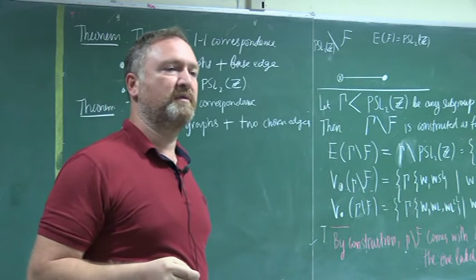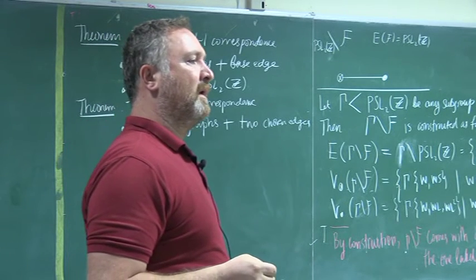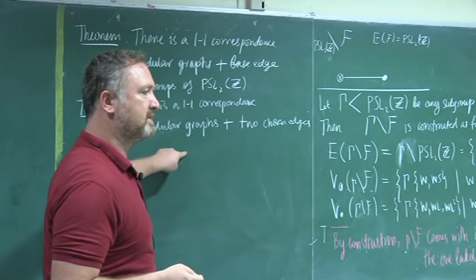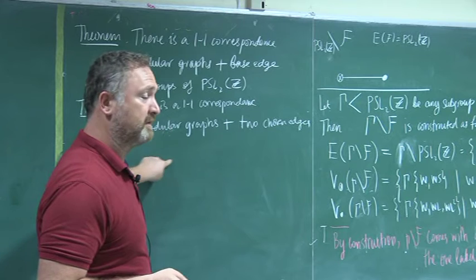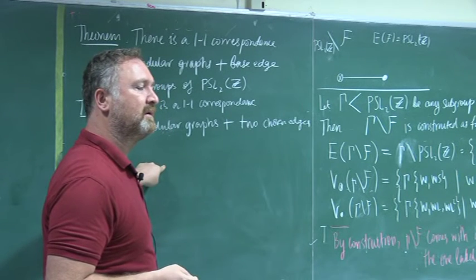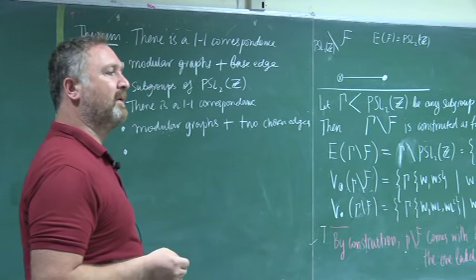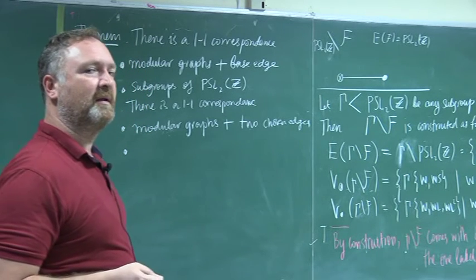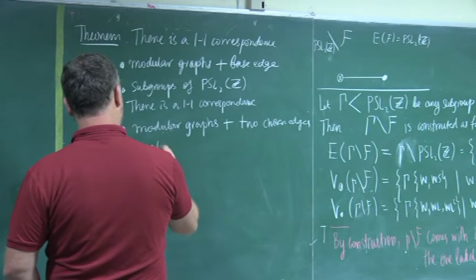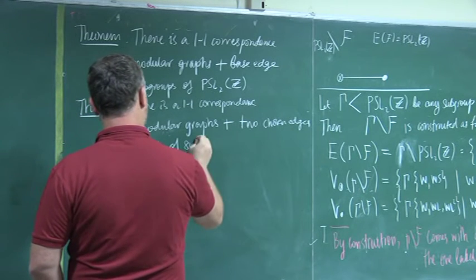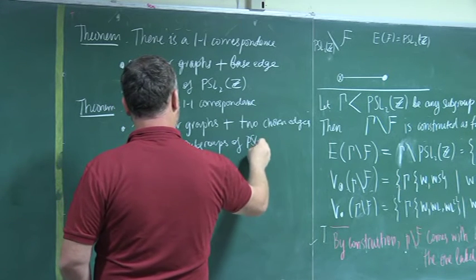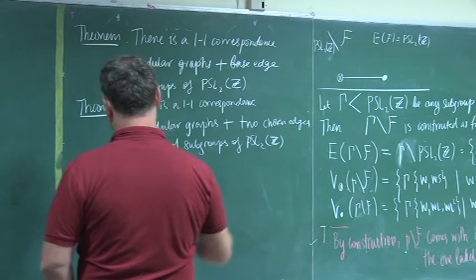This is a correspondence between something related to gamma, related to the modular group. Can anybody guess what I'm going to write here? Nobody? Okay, let me write it. Cosets of subgroups of PSL2Z.